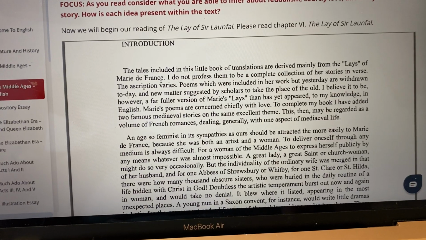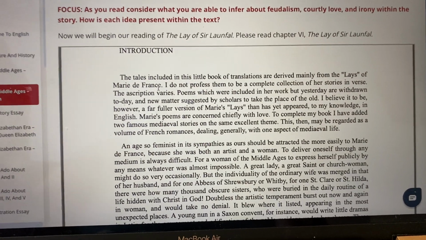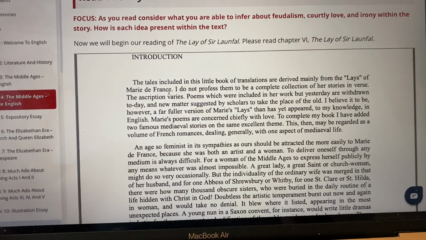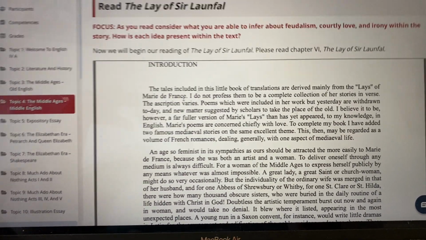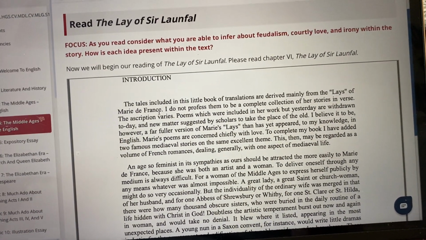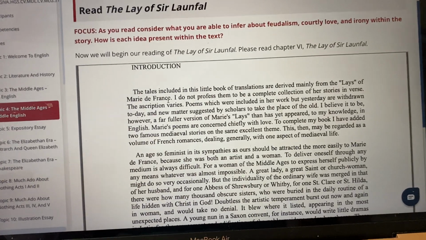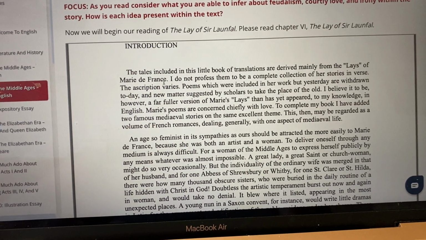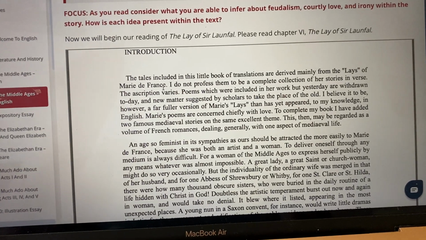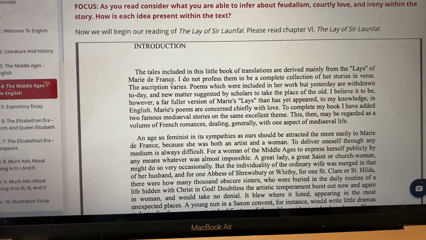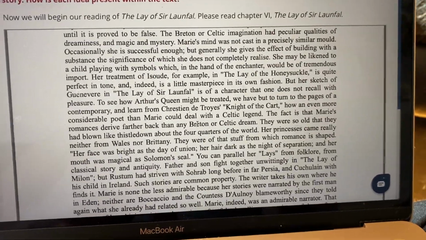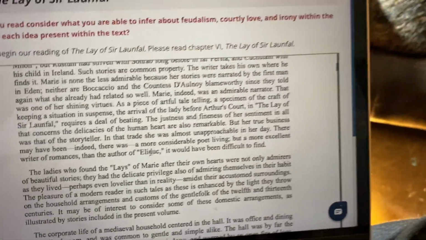It's all very fantasy, escapism, the absolute ideals of happy ever after, what it means to get your man, to get your girl. She used really romantic, flowery language to draw in her readers. She wrote in poetry. Remember, even though you're reading The Lay of Sir Launfal as prose, it was actually a poem. But because of translation issues, they have it as prose for you.